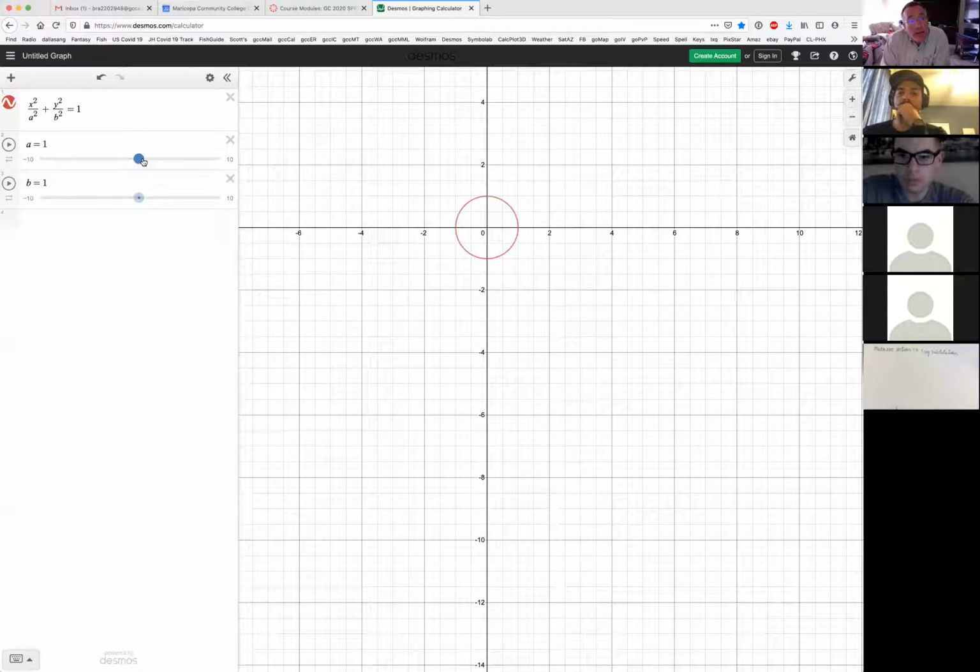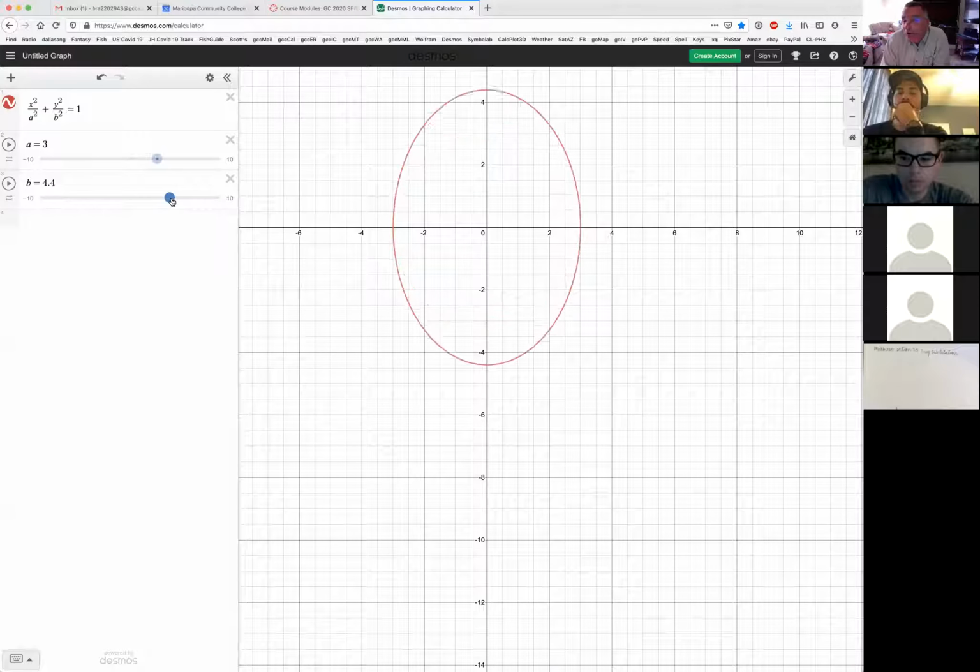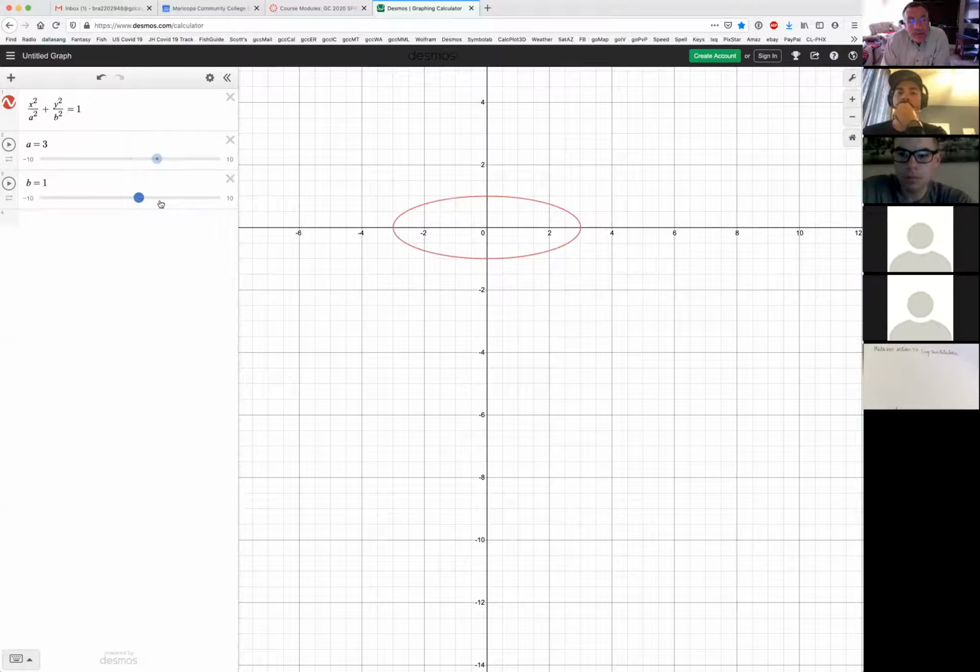But if a and b are, say, different from one another, let's just make it something easy, then we would get an ellipse. So we can stretch it out that way, or we could stretch it out this way. And so the question then becomes, how about we just find the area of an ellipse, and that would include the area of a circle, and we'll knock them both out at the same time.